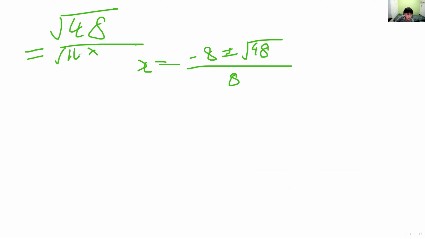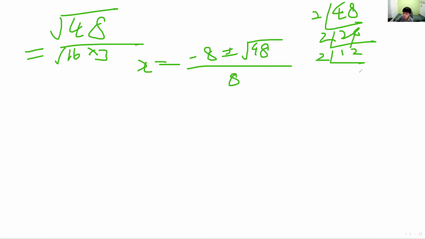16 multiply 3, as we just do the prime factorization. 48 divided by 2 is 24, divided by 2 is 12, divided by 2 is 6, and then divided by 2 is 3. So we make the prime factorization over here. And then it should be 2 to the power of 4.